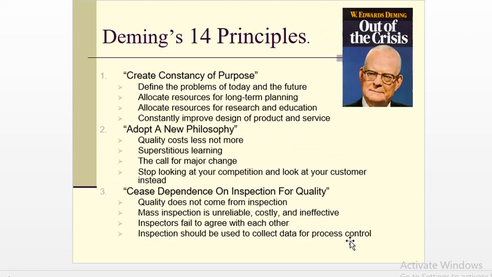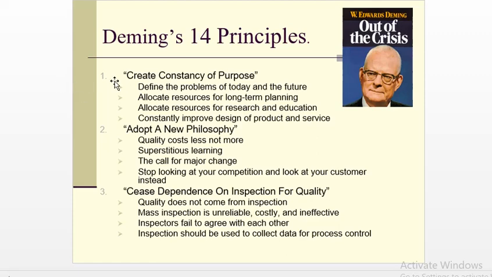So the next point is Deming's 14 principles. There are 14 points explained by Deming, and if we implement these 14 points in any organization, that organization will produce quality products and satisfy customers for fitness for purpose of use.